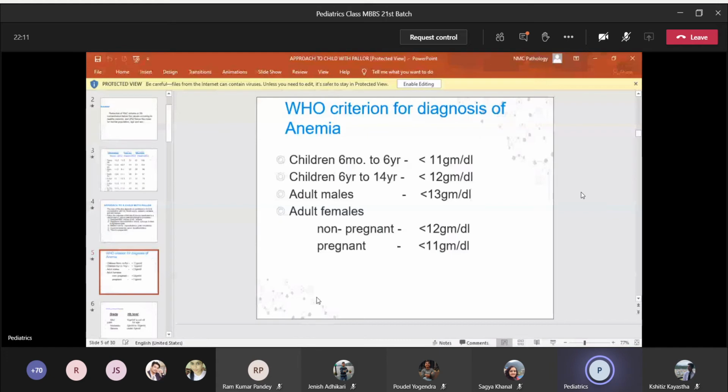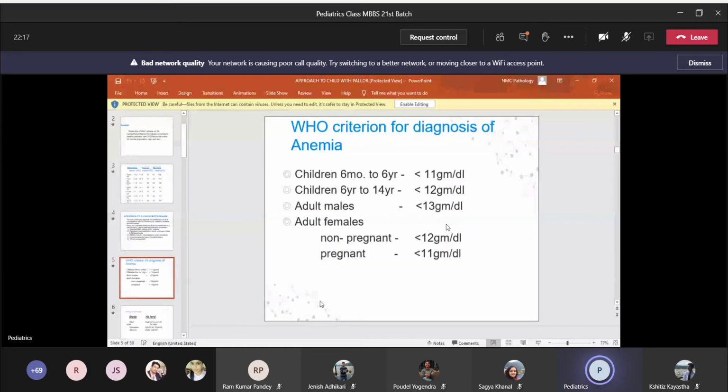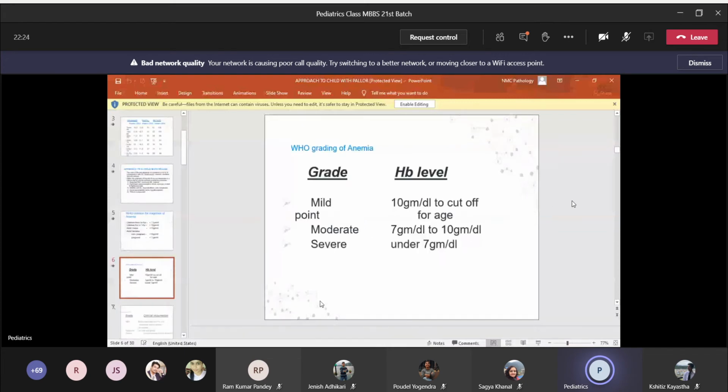WHO has also graded anemia as mild, moderate, and severe as per the hemoglobin level. If the hemoglobin level is less than 10, we call it anemia. Clinical grading as per the hemoglobin level.